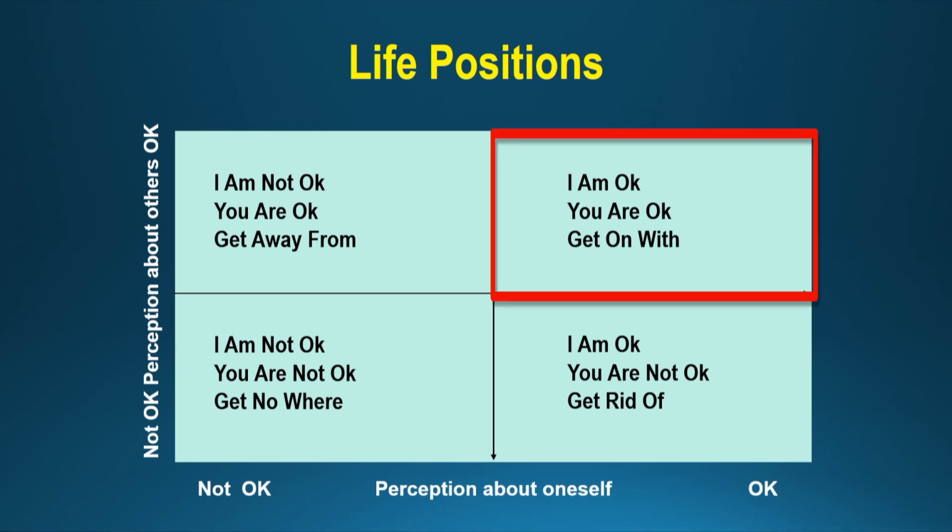I am okay, you are okay is the life position which is the best to operate and communicate to the people. If you start operating from I am okay, you are okay, you give due respect and recognition to the other individual.